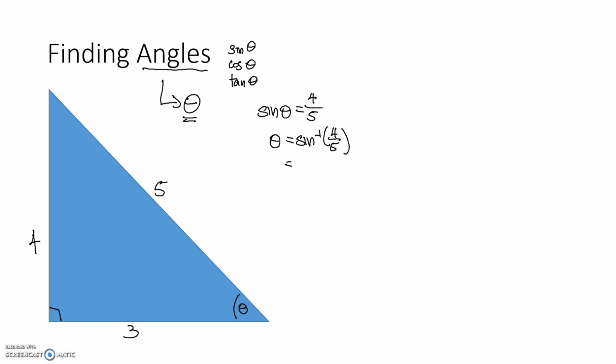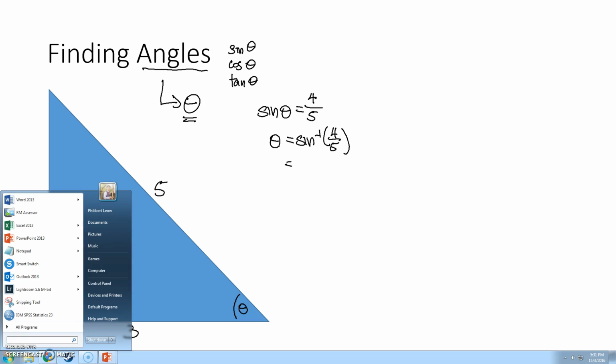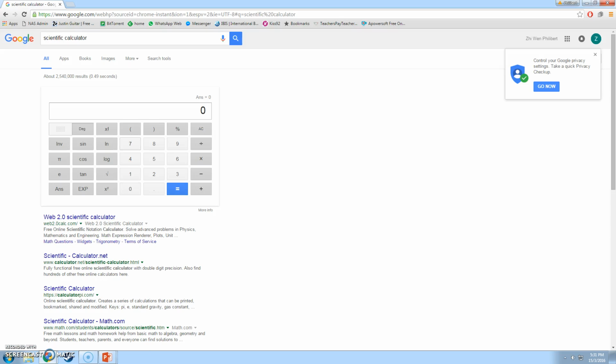You can put that in your calculator. You can see there's an inverse sine, 4/5. Make sure your calculator is in degree mode, and sine inverse 4/5 is 53.13.